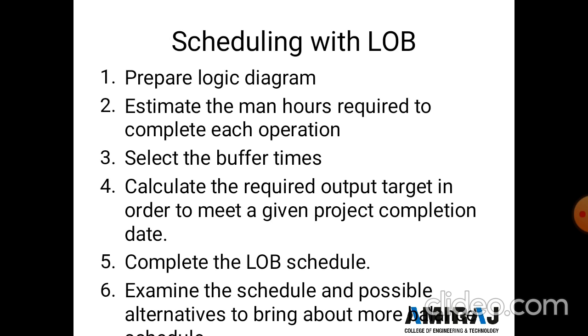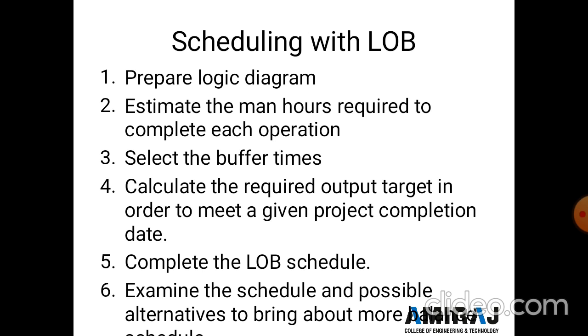Third is to select the buffer time, which will guard against the risk of interference between operations. Fourth is to calculate the required output target in order to meet a given project completion date. Fifth is to complete the LOB schedule. Sixth is to examine the schedule and assess possible alternatives to bring out a more balanced schedule.